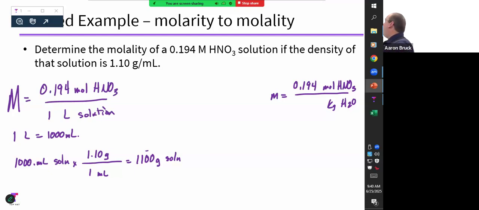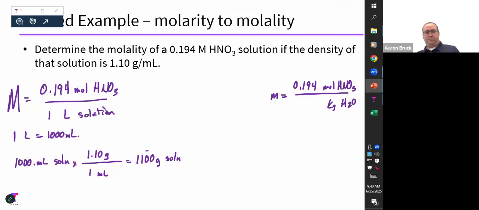What I need to do is figure out how many of those grams are water. The easiest way to do that is to figure out how many of those grams are not water.